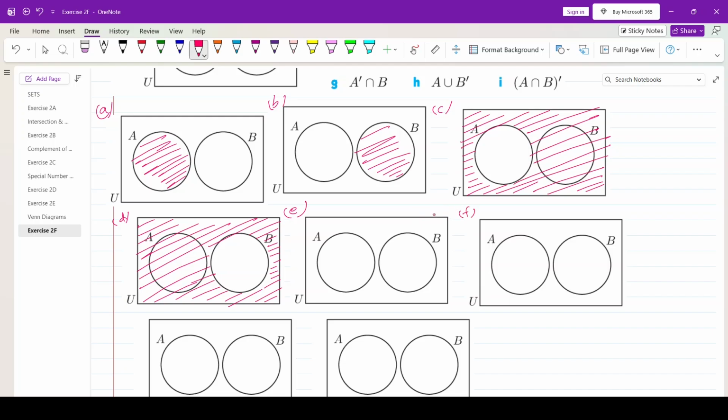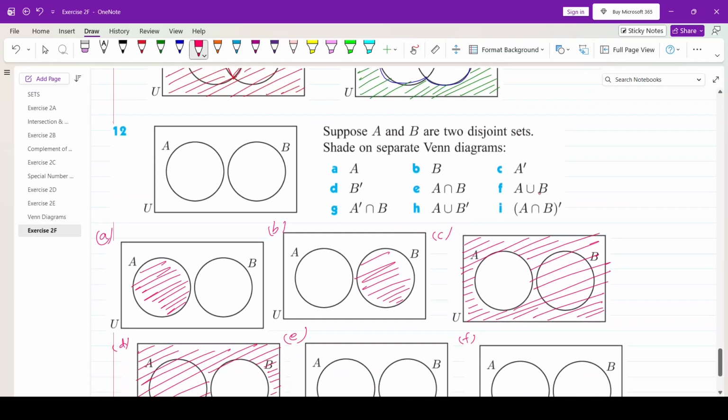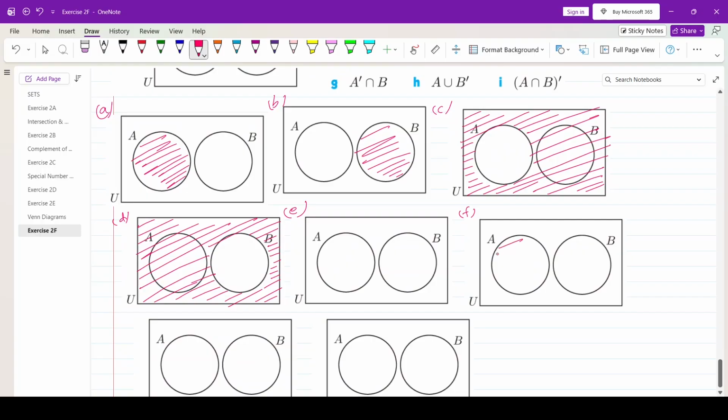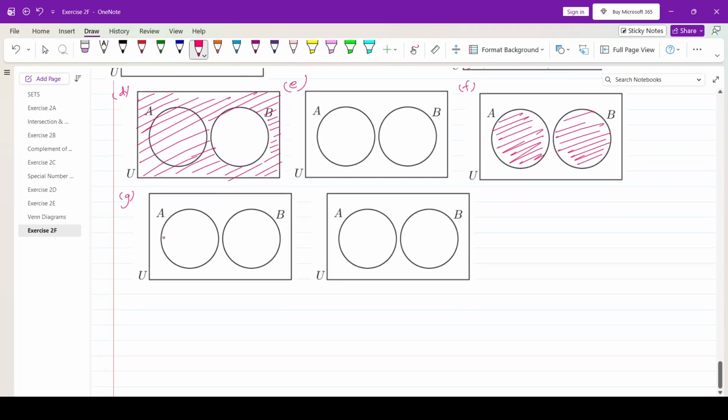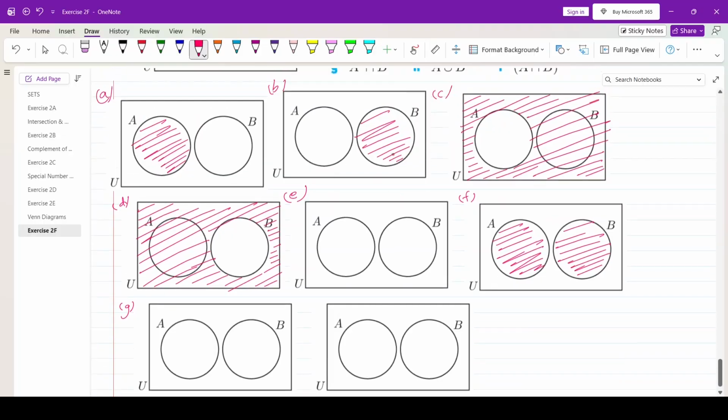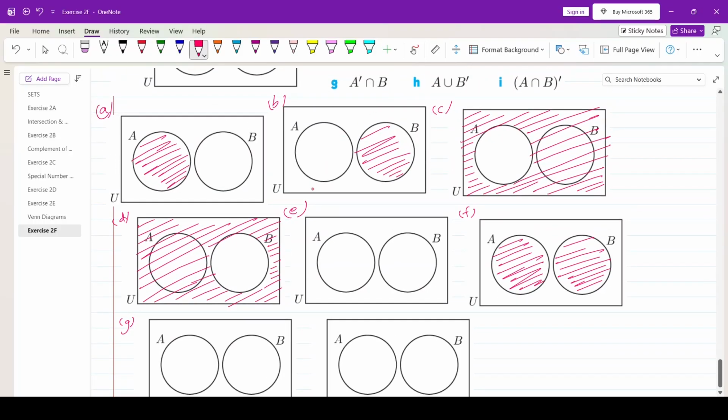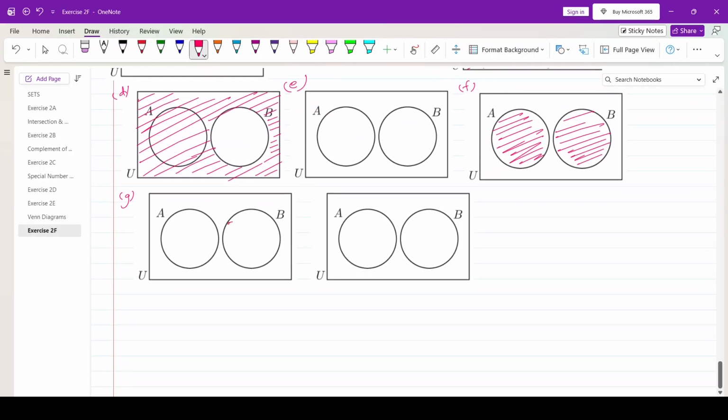Part F says A union B. A union B will be A and B together. Part G says A complement intersection B. So A complement is outside A, intersection with B. So that will be this part, just B.